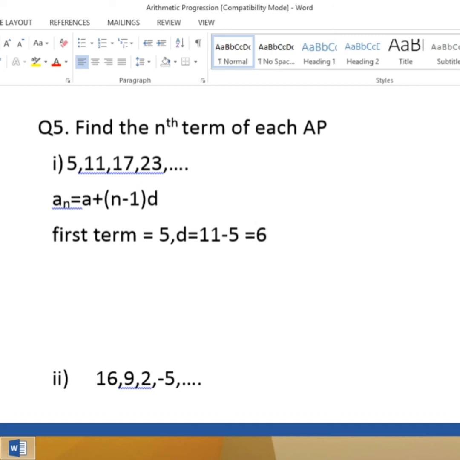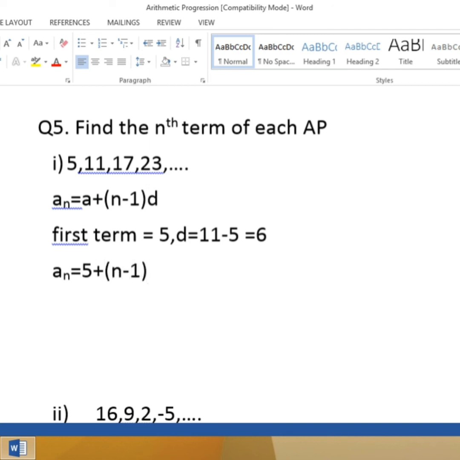So applying it on the formula, first term is 5 plus n minus 1 into 6, the difference, so 5 plus 6n minus 6.